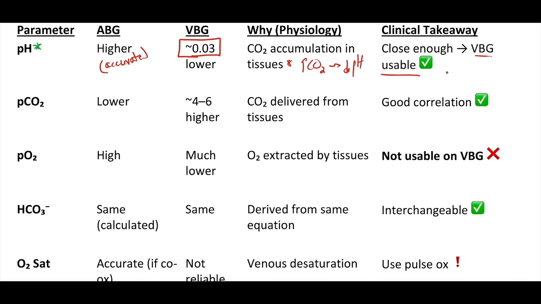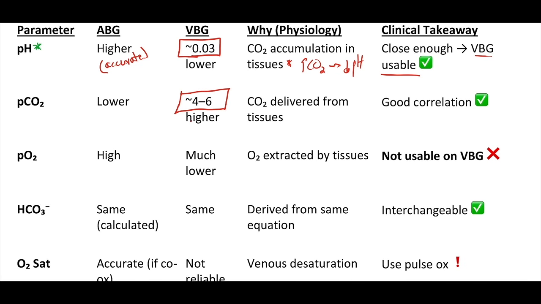So if you're just looking for pH and the patient is not critically ill, often a venous blood gas will suffice. What about the PCO2? Well, the PCO2, which is the amount of carbon dioxide dissolved in the blood, is often 4 to 6 higher in the venous blood.